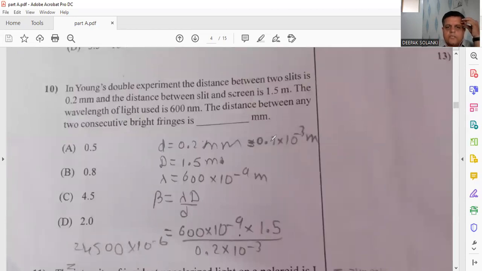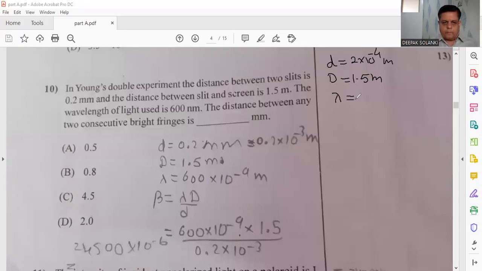In Young's double slit experiment, the distance between two slits, small d, is given 0.2 mm, so it is 2 into 10 to power minus 4 meter. Then capital D is given 1.5 meter. The wavelength of light used, lambda, is given 600 nanometer, so 6 into 10 to power minus 7 meter.